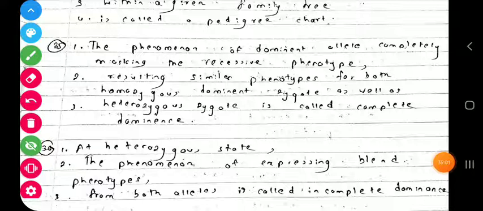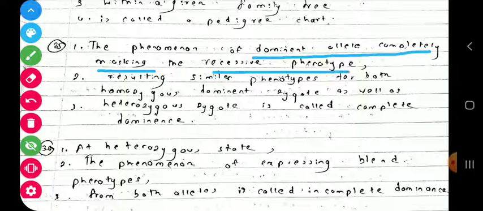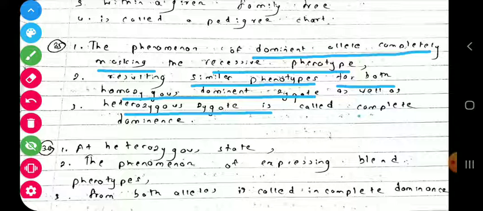Now we are coming to a very easy definition. What do you mean by complete dominance? The phenomenon of the dominant allele completely masking the recessive phenotype, resulting in similar phenotypes for both the homozygous dominant zygote as well as the heterozygous zygote, is called complete dominance.